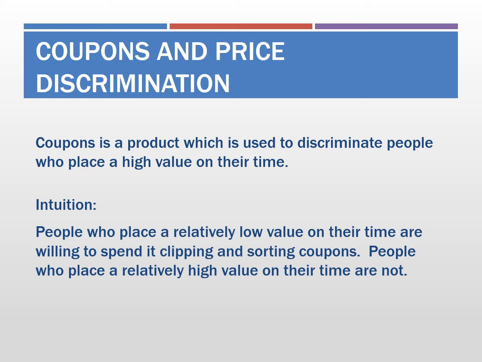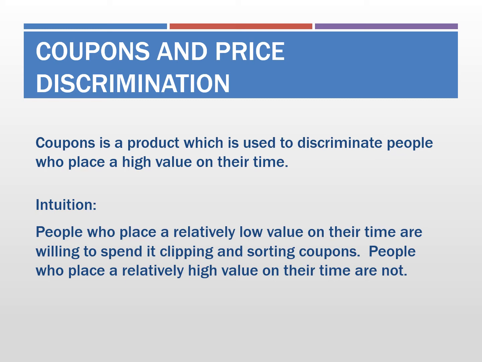So a coupon book is a very simple tool for the firm to price discriminate between different groups in the market. The intuition is that when people place a relatively lower value on their time, they are willing to spend it flipping through the coupon book to sort out what they want to buy. People who place a relatively higher value on time obviously will not do it.